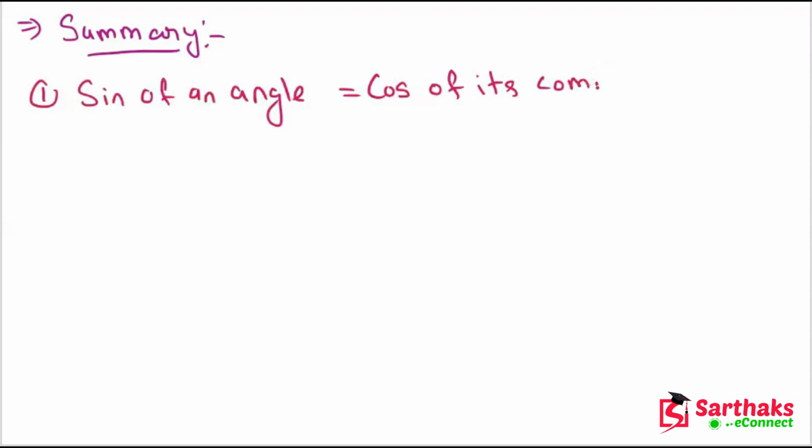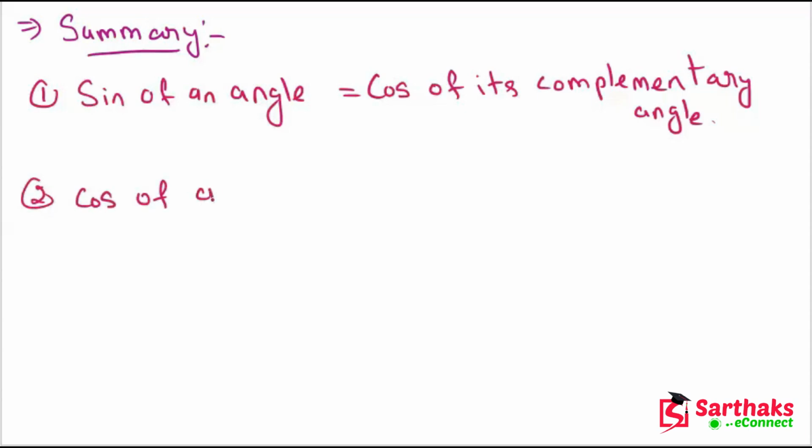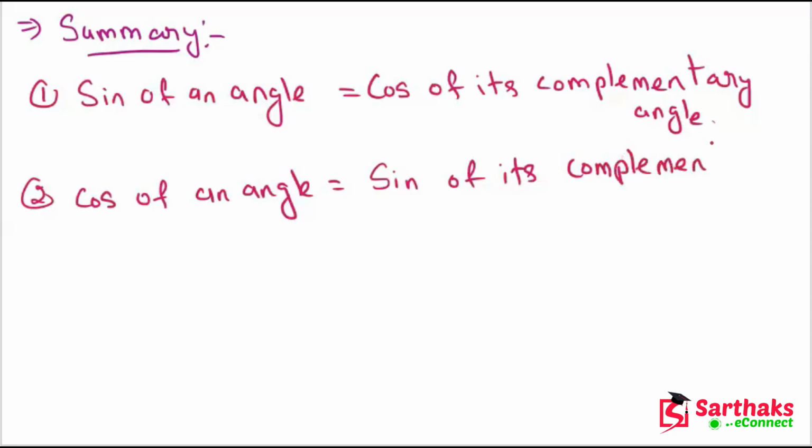The second point is: cos of an angle is equal to sine of its complementary angle.